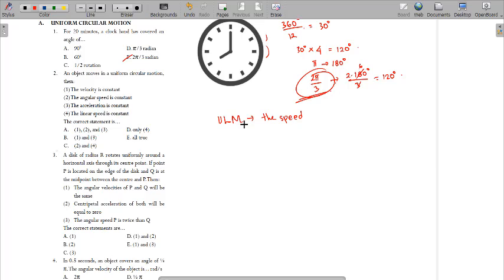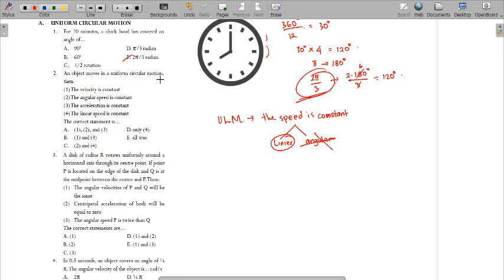For uniform linear motion, the last chapter that we talked about a few months ago, the speed is constant, but which speed? Because you learn about circular motion now, but for uniform linear motion we talk about linear. So the linear speed is constant, not angular, okay?